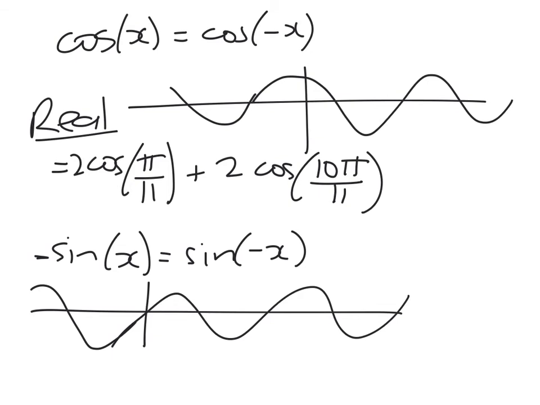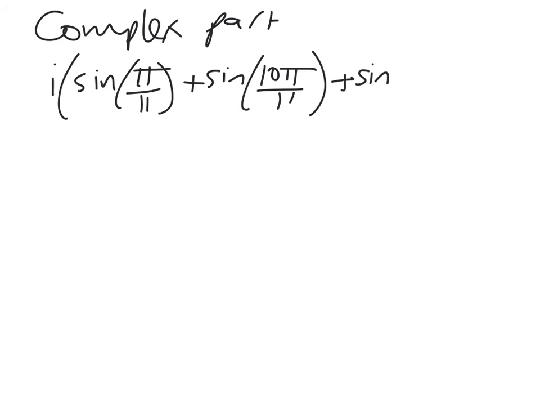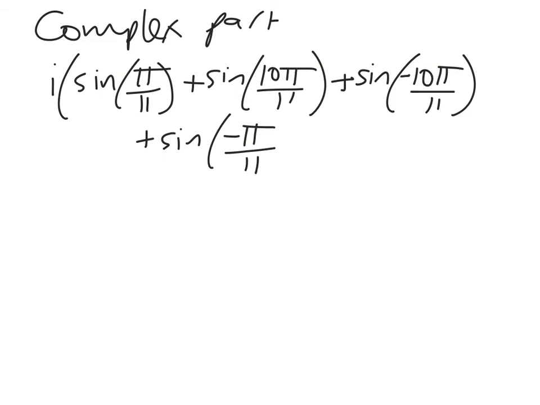again on a new slide, we've got i of sine pi on 11 plus sine 10 pi on 11, and we had plus sine negative 10 pi on 11 plus sine of negative pi on 11.